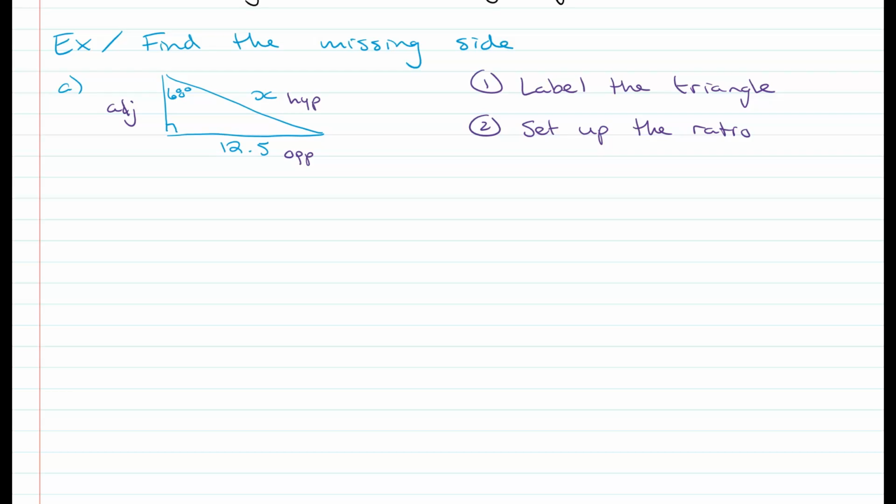So the critical thing here is which ratio do we mean? So I'm going to look at what things I have and what things I want. So my sides that are involved are the opposite side and the hypotenuse. The one that uses opposite and hypotenuse is the sine ratio. So sine theta equals opposite over hypotenuse. And now I'm going to replace values with ones that I know.